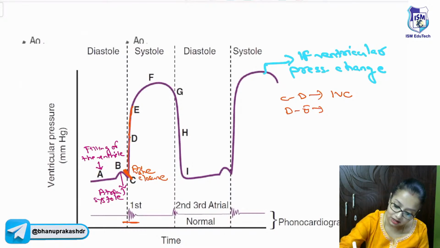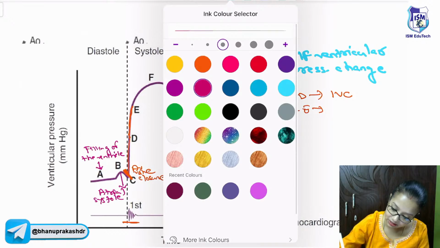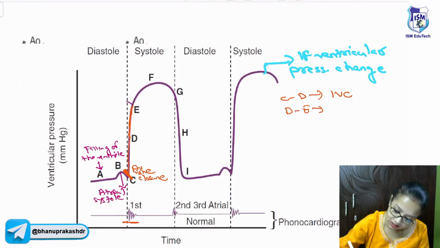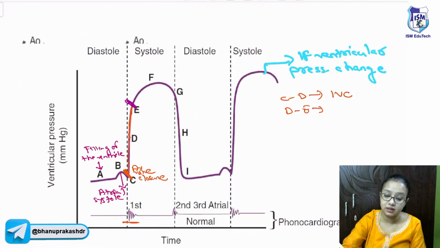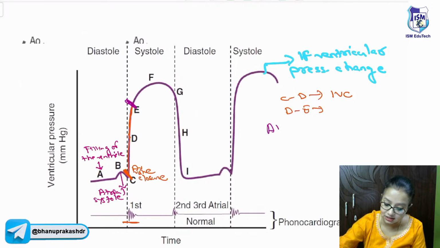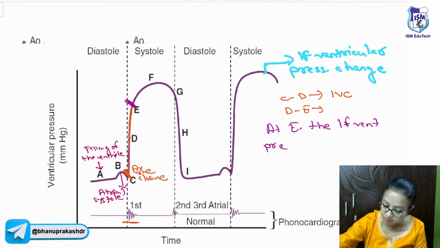Now, what is the other event that is happening at E? E is the point when the left ventricular pressure is greater than the aortic pressure.